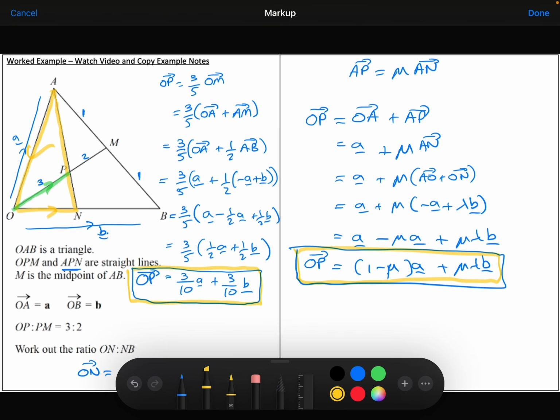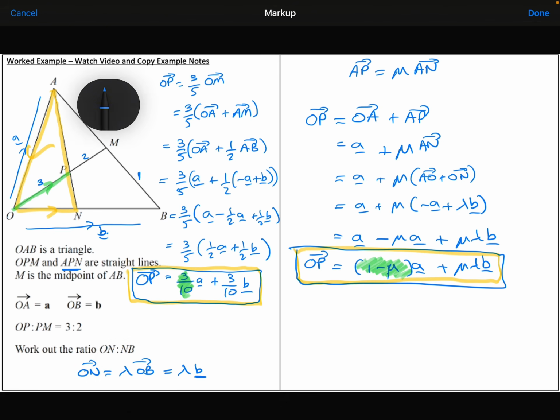In even more detail, the A components of each vector must be equal to one another, and the B components of each vector must be equal to one another. So let's focus on the A components first. I can now say that 1 minus mu is equal to 3 over 10. Therefore, mu is equal to 7 over 10.